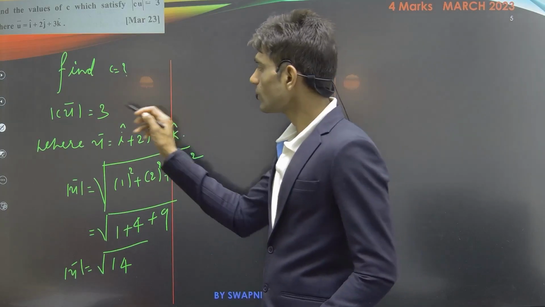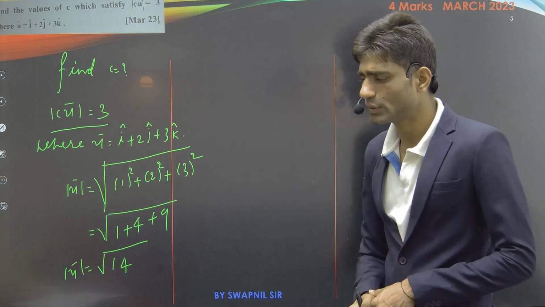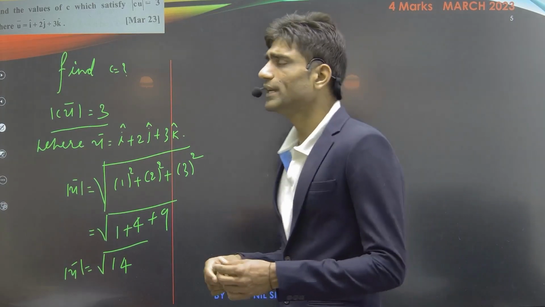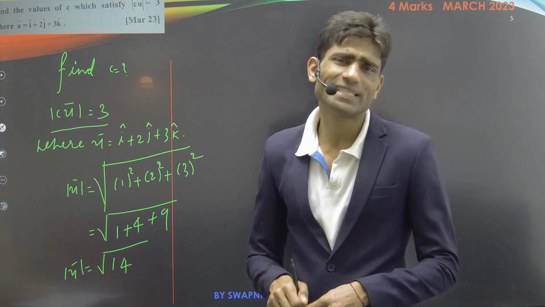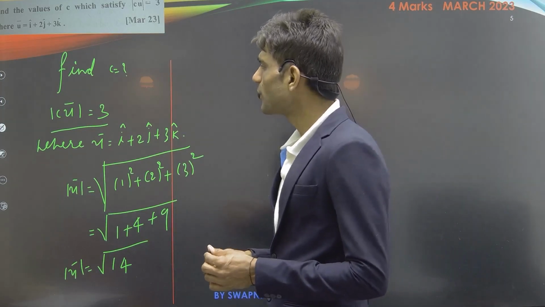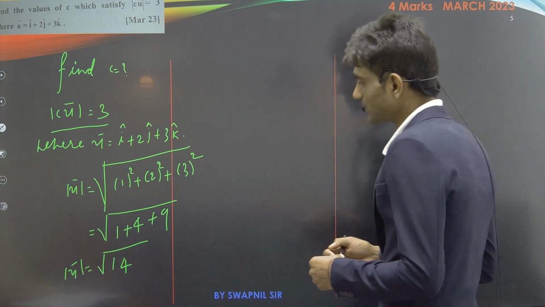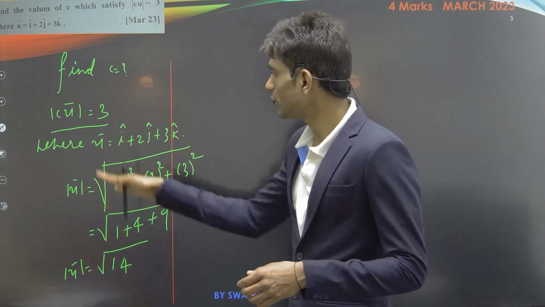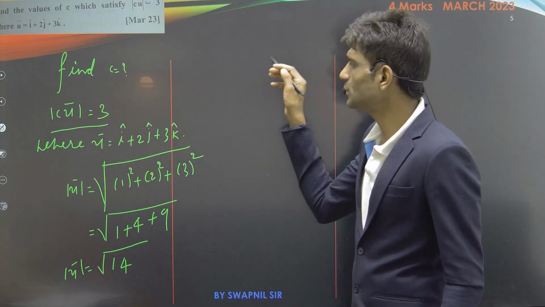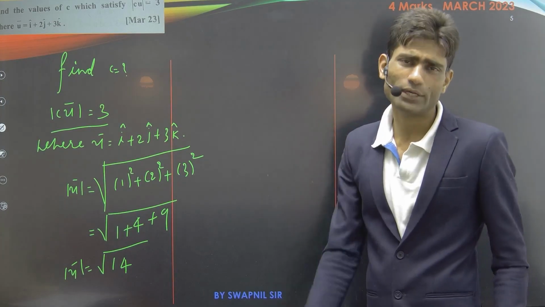We are given modulus of c u bar equal to 3. Modulus of c u bar can be written as modulus of c into modulus of u bar, which is equal to 3. Now we substitute the value here. We just need to substitute, there are no more calculations, and the answer is in 3 to 4 steps.